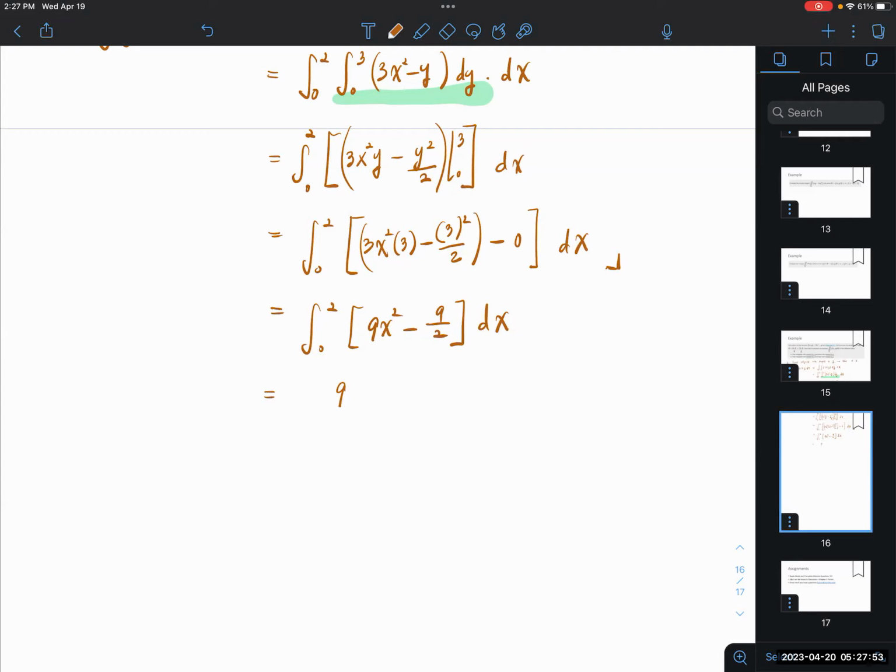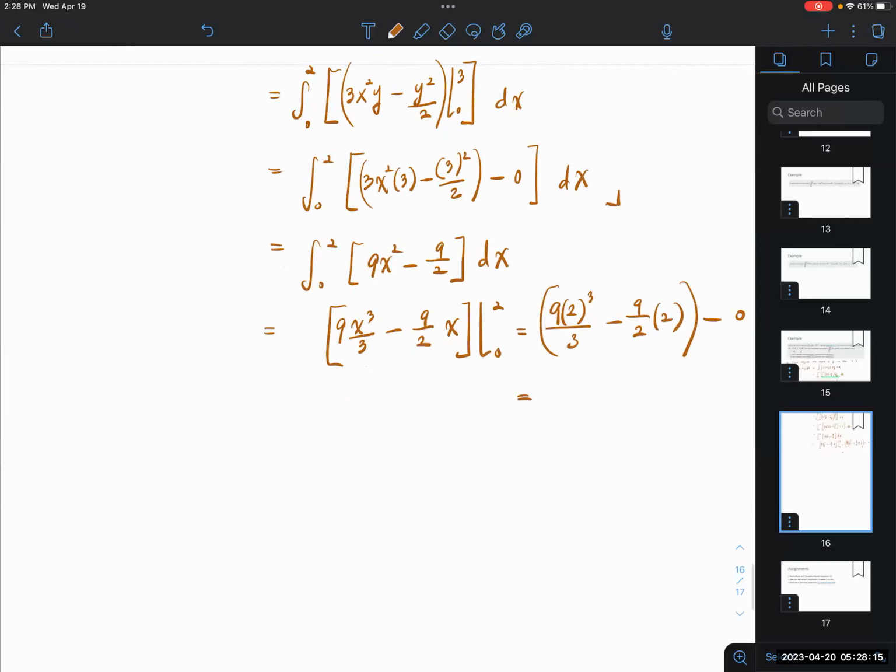We have 9 times x to the third over 3 minus 9 over 2 x, because that's a constant here, from 0 to 2. So plugging in 2 for x, because this is with respect to x. So 8 over 3, 9 over 2 times 2, minus 0. If you calculate it, you can use decimals, doesn't matter. Actually, I did it. It should be 15.